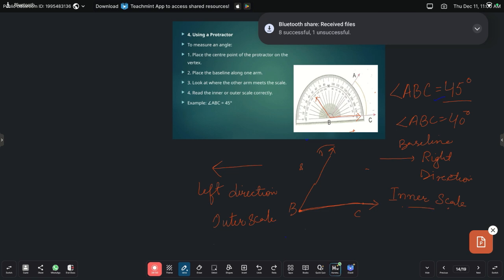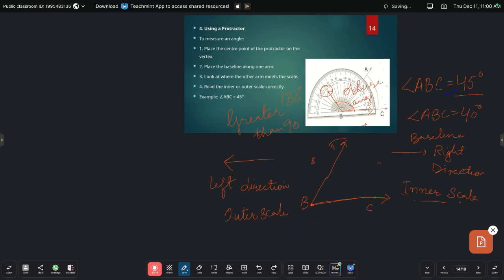So here, while using the inner scale, you will see it is 130. 130 is greater than 90, isn't it? So what type of angle is this? This is an obtuse angle because its measure is 130 and 130 is greater than 90. That's why we are saying that this angle is an obtuse angle.